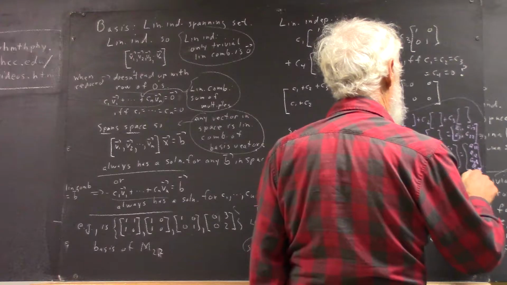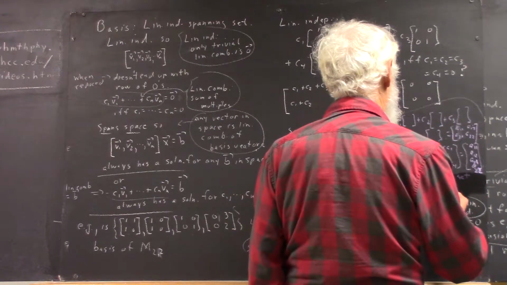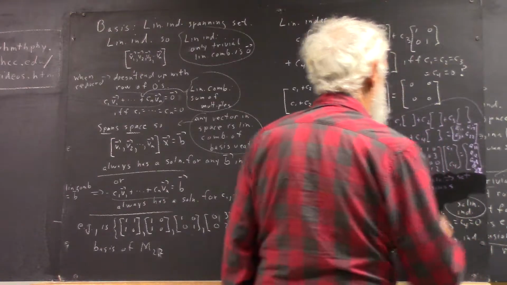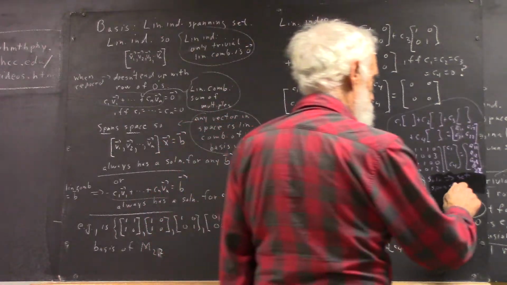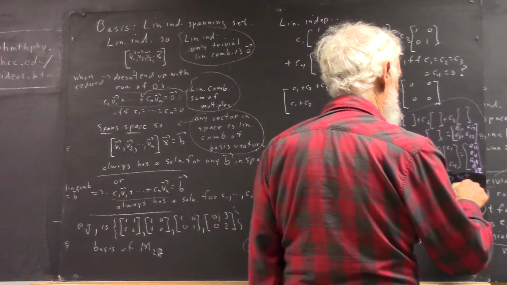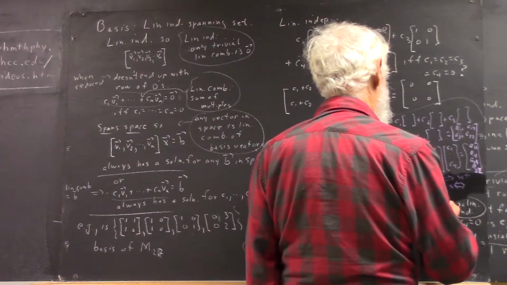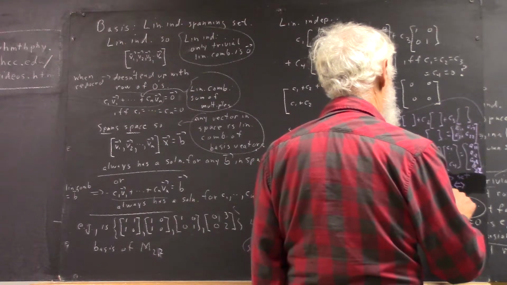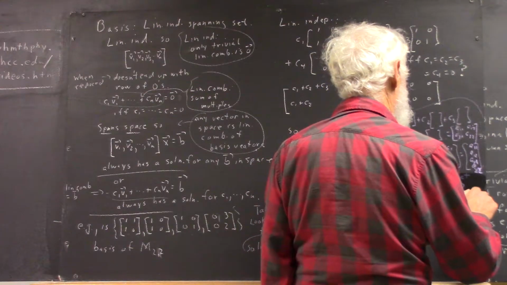A solution implies the set spans, and this thing is wet, so it's not writing real well, but that happens if and only if the matrix is invertible.